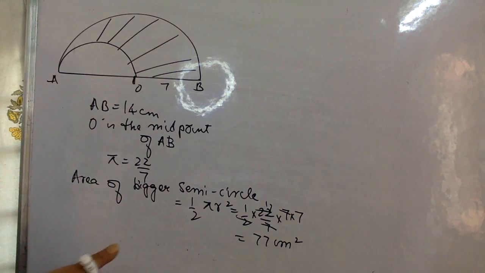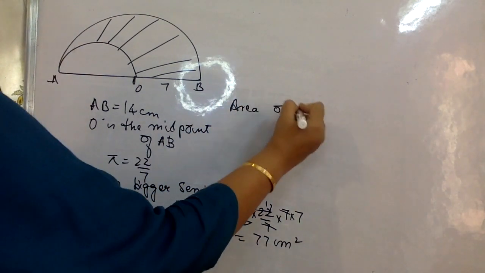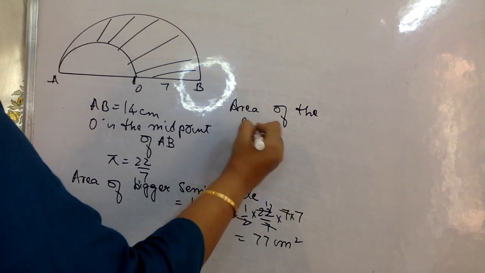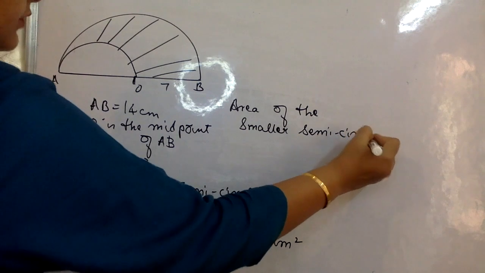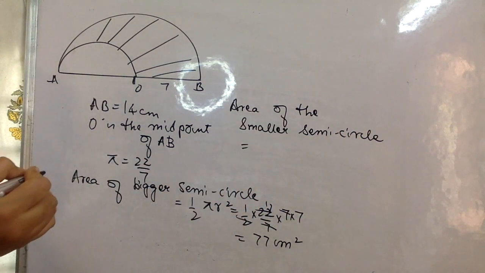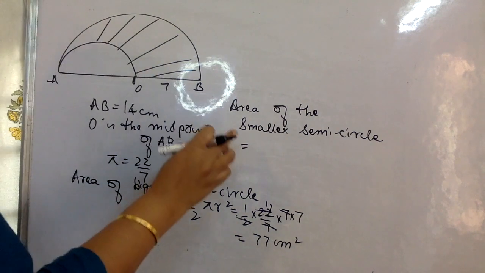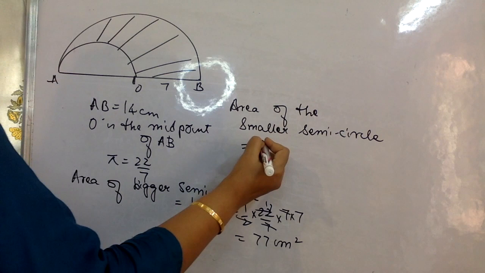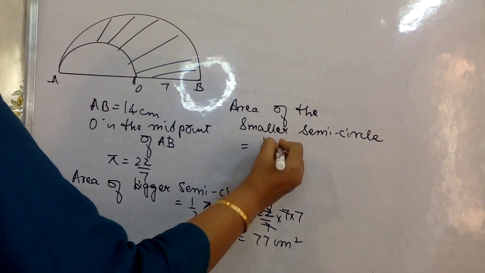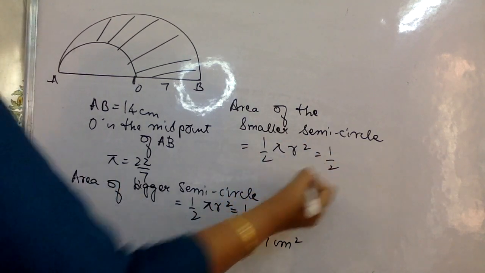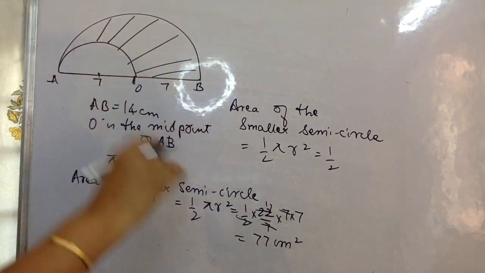Now we are going to subtract the smaller one from the bigger. Area of the smaller semicircle is equal to how much? It is again half pi r square. This time the value of r is half of 7 because here to here is 7. So it is 7 by 2.